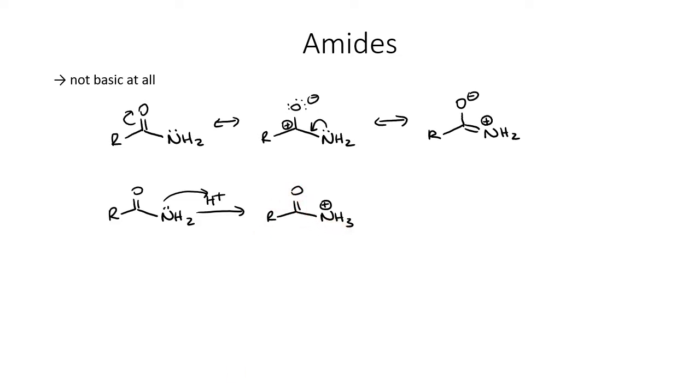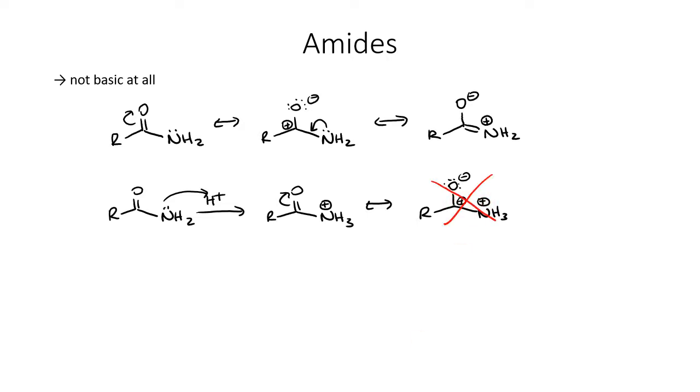Now, if we were to attempt to do resonance again with the amide, we would create a structure where we have two positive charges right next to one another.